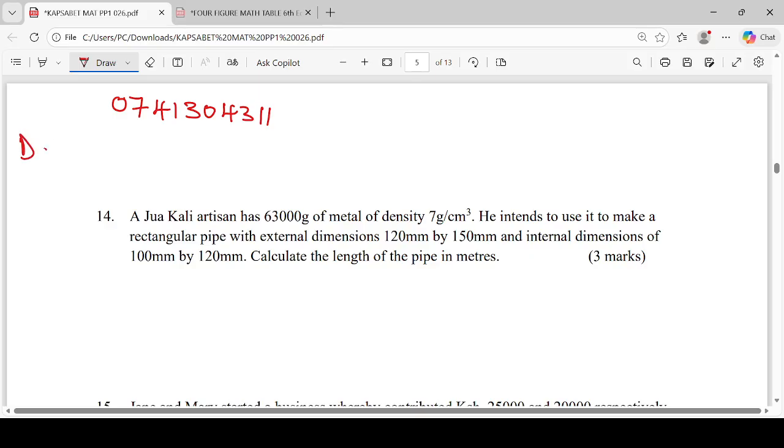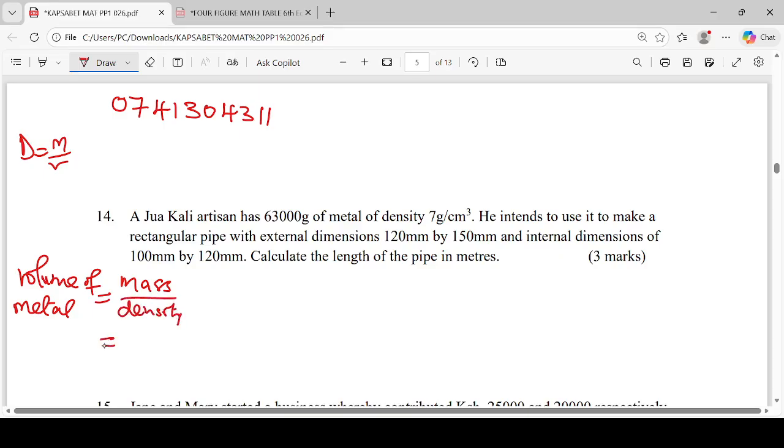density is equal to mass over volume. So let me get the volume of the metal, which is given by mass over the density.